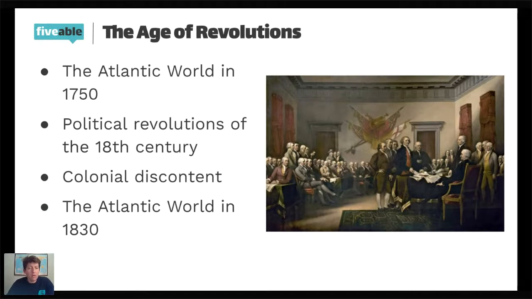Now, in the Atlantic world, thinking about whether it be in Europe or the Americas, we're also talking about a world that is dominated by the elite. In the Americas, it is an elite planter class. That is, if you're thinking about the 13 colonies, it's these large plantation owners, these wealthy merchants, perhaps in the Northeast, but in places like Virginia, large plantation owners. You can think of Jefferson, Washington as examples of those.